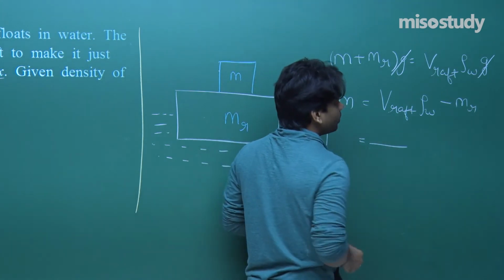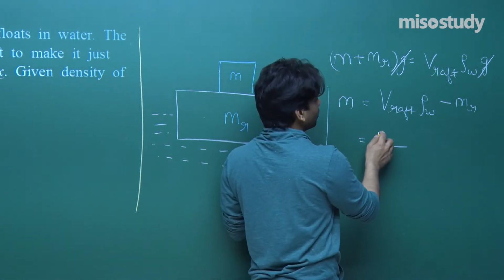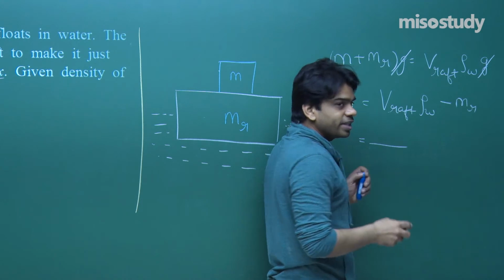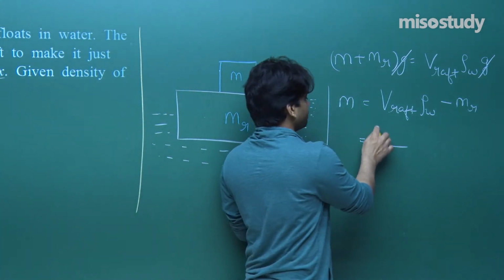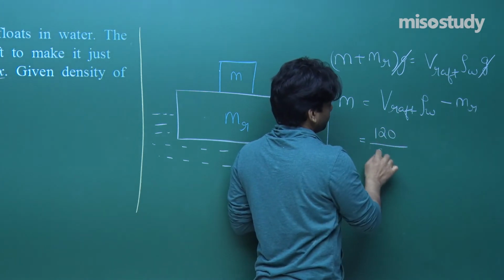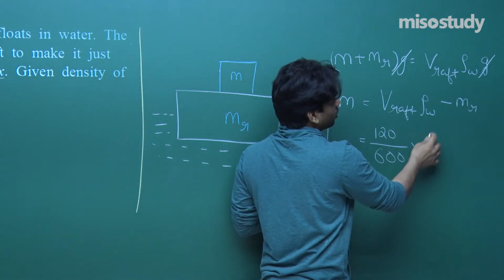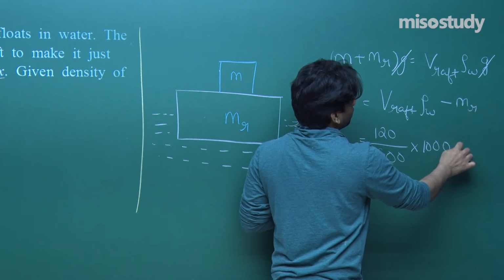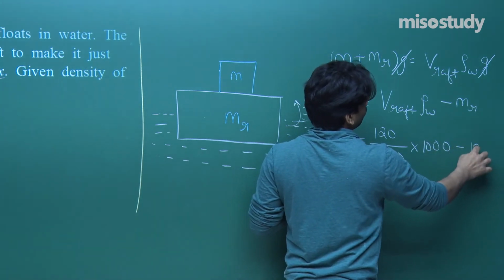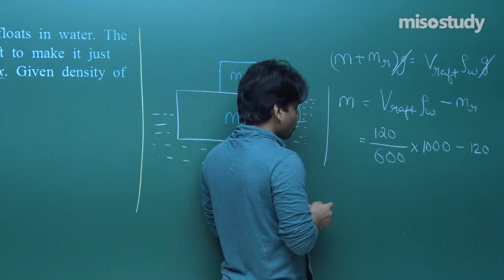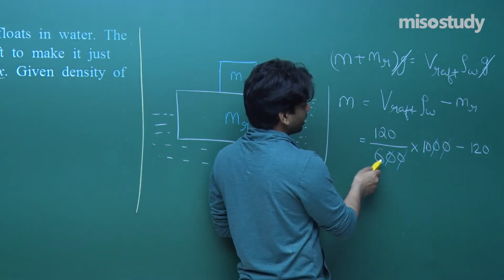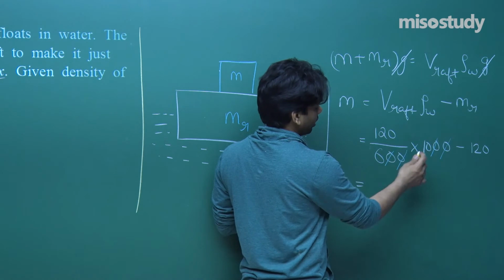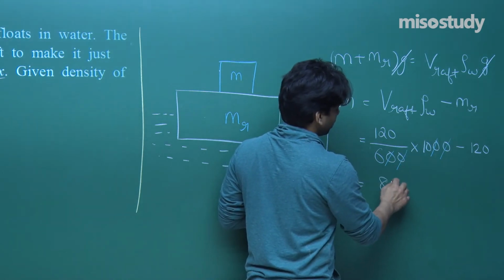Volume of raft will be its mass upon its density. So its mass is given as 120 kg, and density 600 kg per cubic meter, multiplied with density of water, that can be taken as 1000, minus mass of raft again, 120 once again. So from here the zeros will be cancelled out. Here you will be getting 20 into 10, 200 minus 120, you will be getting 80 kg.